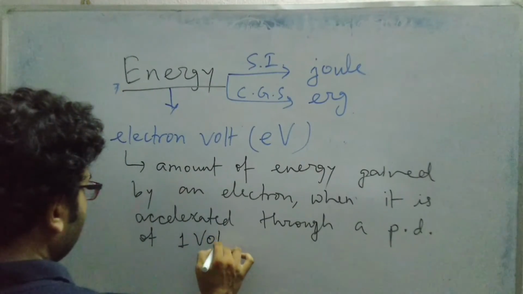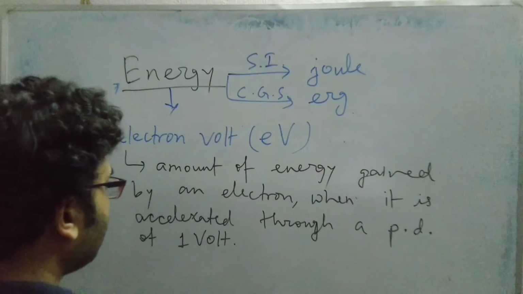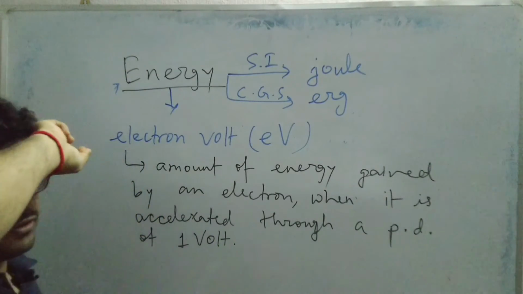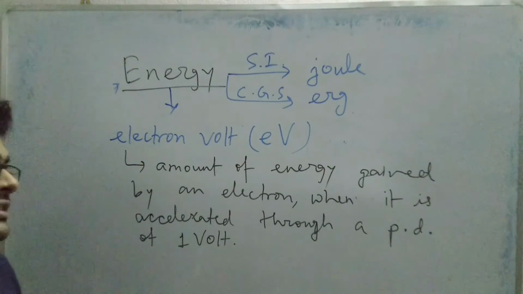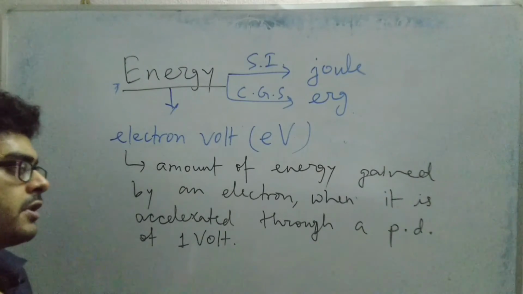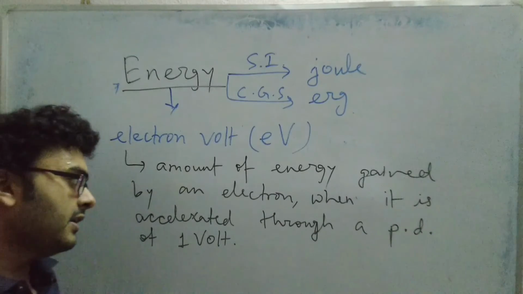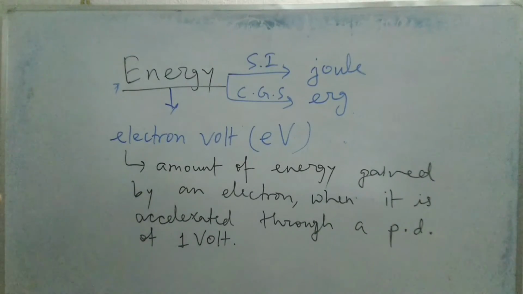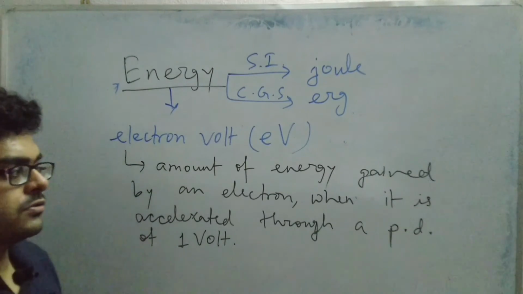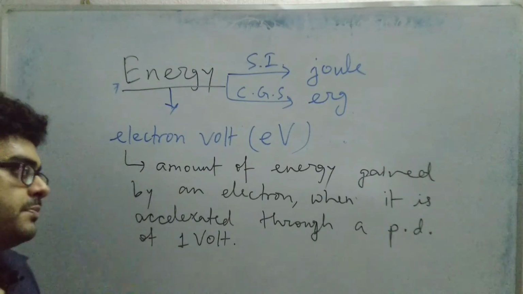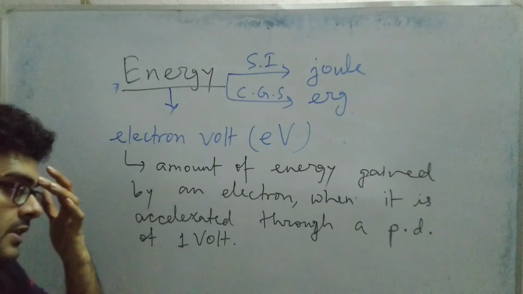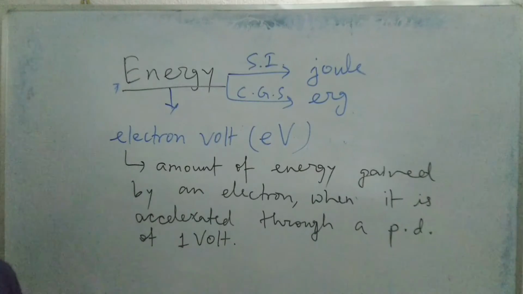Now many of you might be wondering what the term potential difference means here. A brief introduction to potential difference has been given in class 9. If any of you have not understood that concept properly, we will again be teaching it in the syllabus of class 10. So please don't worry.